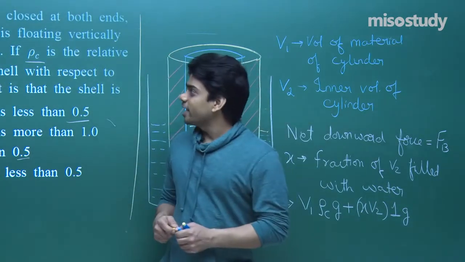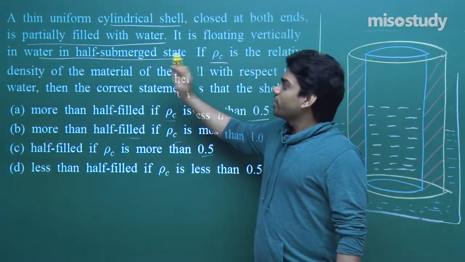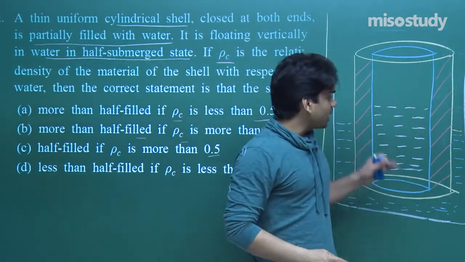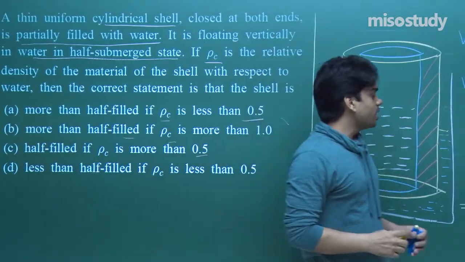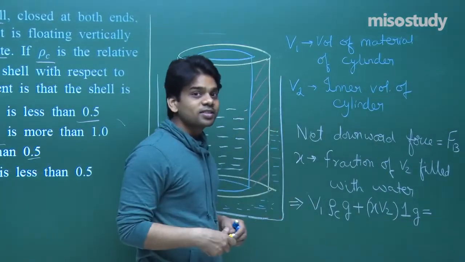Now see this statement. It's floating vertically in water in half submerged state. Half of it is submerged.